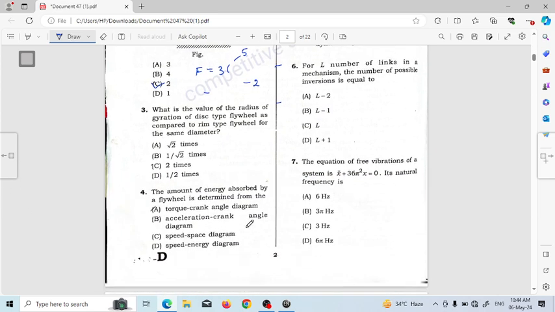Next question, what is the value of radius of gyration of disc type flywheel as compared to the rim type flywheel for the same diameter? So we have to find the radius of gyration of disc type with respect to rim type. So let's start. First disc type and next rim type.